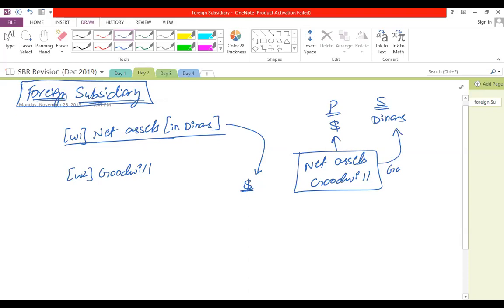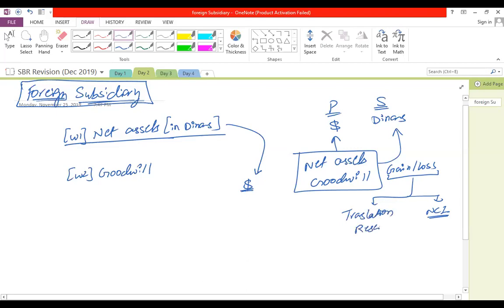This will result in an exchange gain or loss, which is going to be allocated between the parent's retained earnings and the NCI. In fact, instead of the retained earnings, we can say retranslation reserve. This is the name given to the reserve where the exchange gains and losses are recorded.